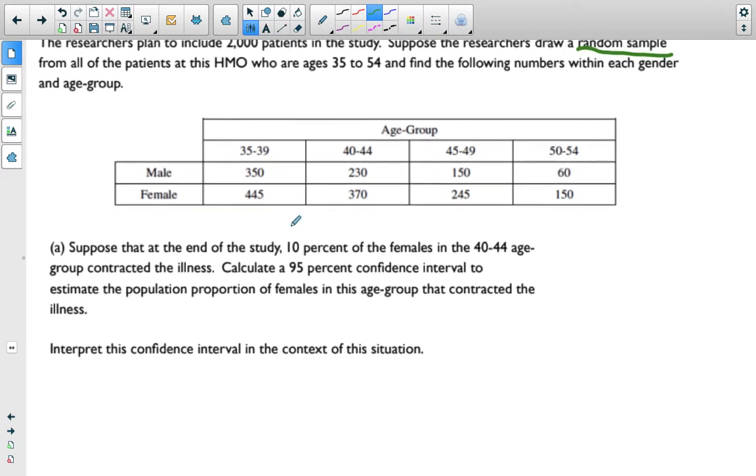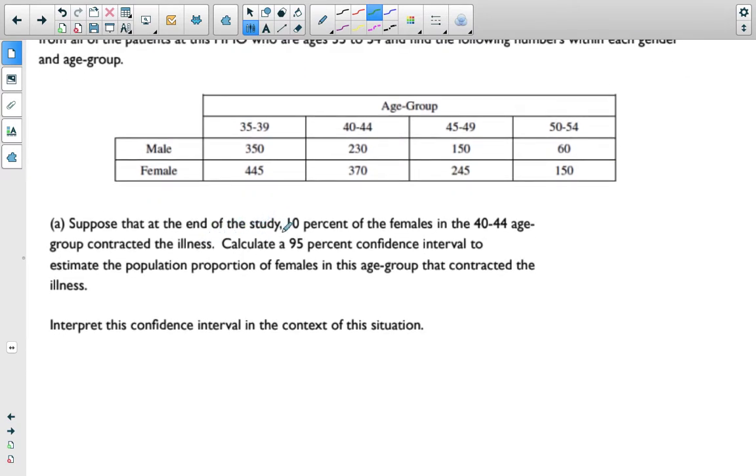So here's our question. Suppose that at the end of the study, they found that 10% of the females in the 40 to 44 age group contracted the illness. Okay, so they looked at this group right here, 40 to 44, in particular.